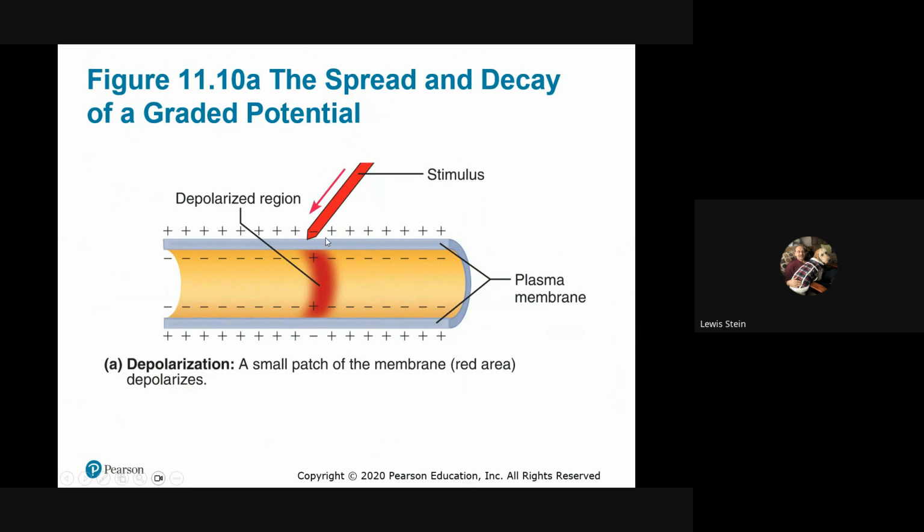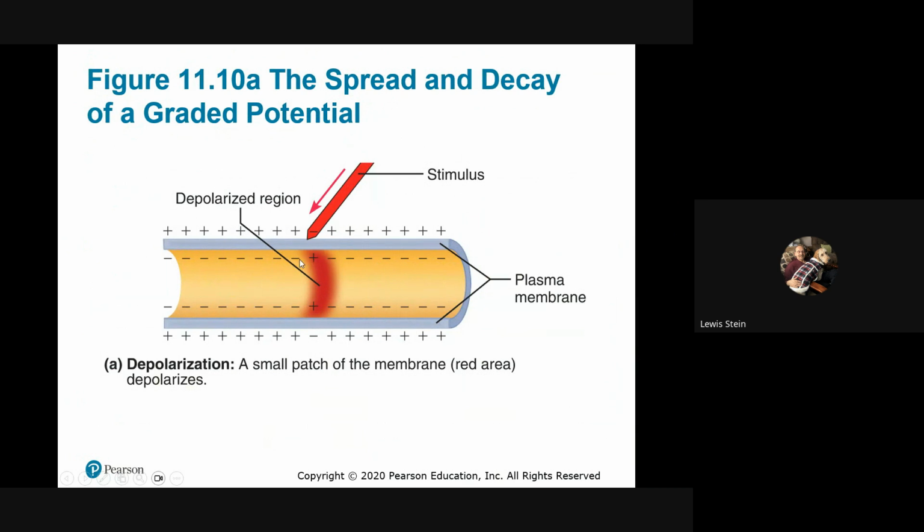What effectively is doing this isolated potential. In this case, this is a stimulus that's going to depolarize a very tiny area along this axon that could be a meter long. Normally, this is what it's like: positive on the outside, negative on the inside, same anywhere along the membrane. It's taking this one isolated area and flipping it. And when it flips it, not only do you have electrical force, not only do you have the forces of the chemicals that are beginning to change, but this becomes an electrical force.